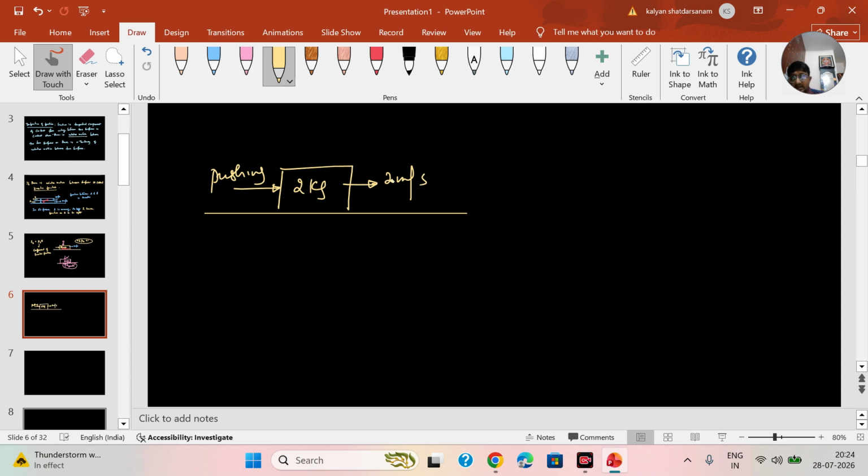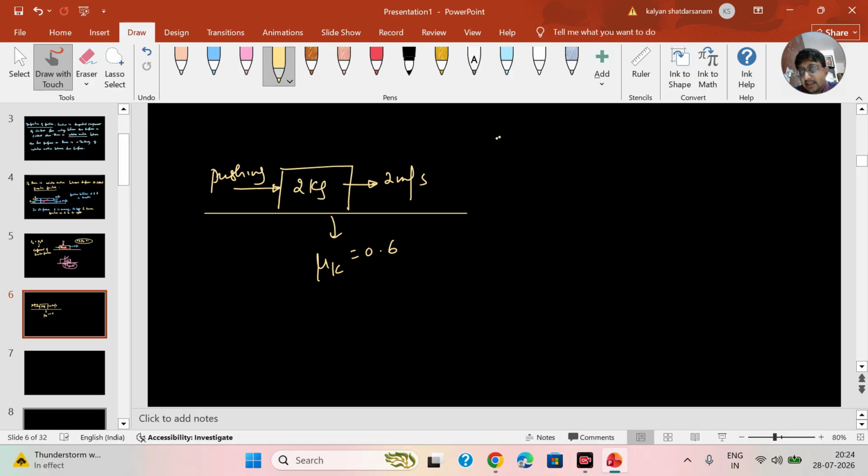I don't mind whatever the velocity is. It may be 1 meter per second, 2 meters per second, or whatever. And I want to find the friction acting on the block due to the ground, and somebody gave me the coefficient of kinetic friction to be 0.6. It's just a number, there are no dimensions for it.